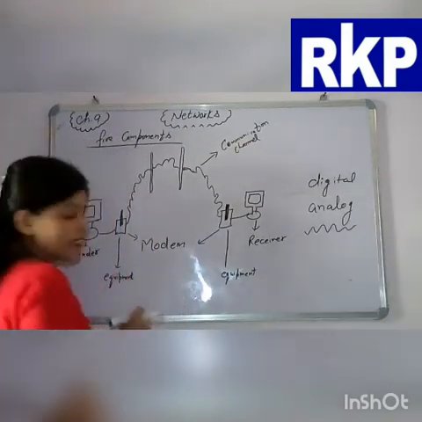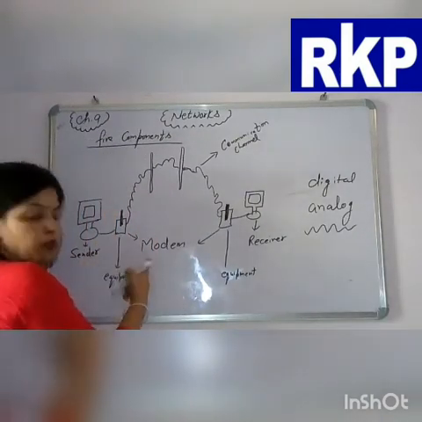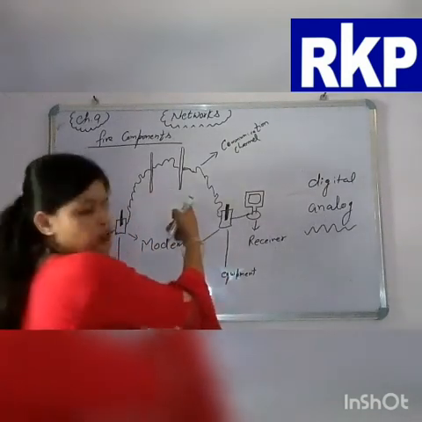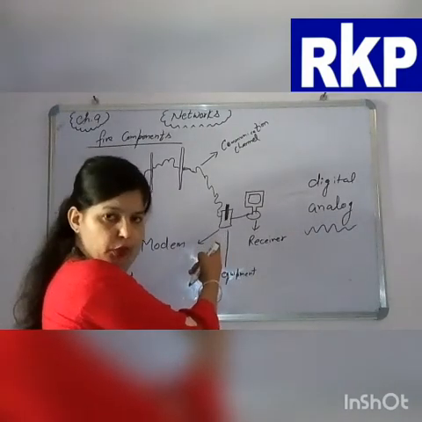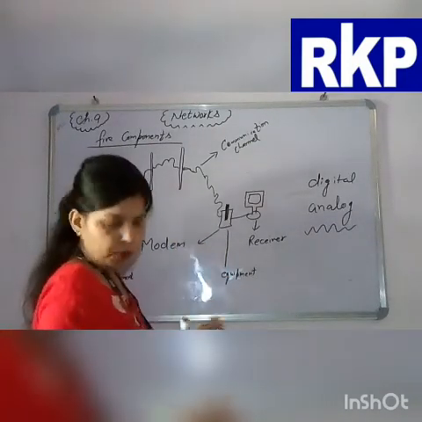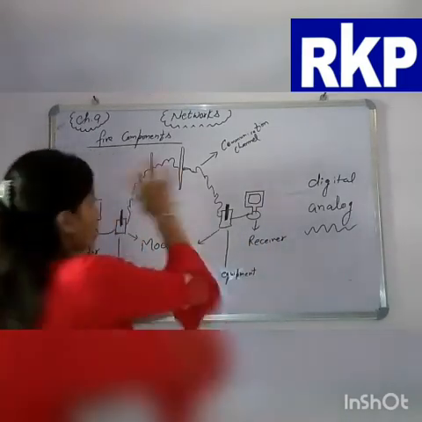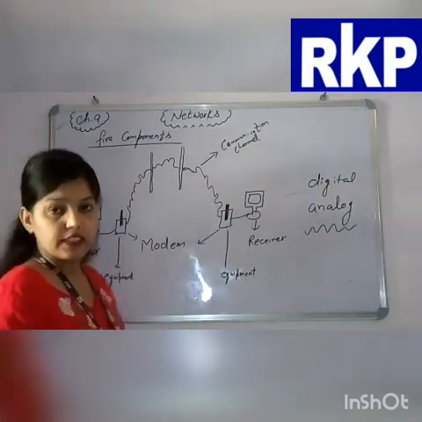Now students, you can see: sender, 1 component; sender modem or equipment, 2 components; communication channel, 3 components; receiver modem or equipment, 4 components; and a receiver, 5 components. So total how many components are here? 5.